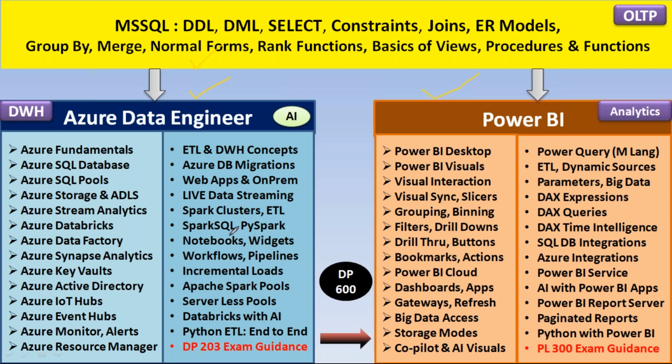Our entire 7 weeks journey should be enough for the certification preparation. Power BI is completely into reporting and analytics, PL300. The 4 weeks journey in Power BI should be enough for this item. So 7 weeks data engineering, 4 weeks Power BI, Monday to Friday classes.